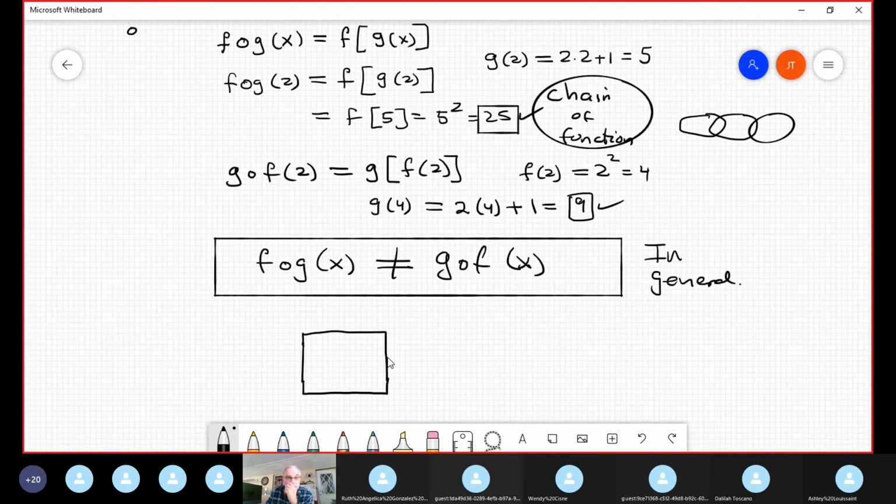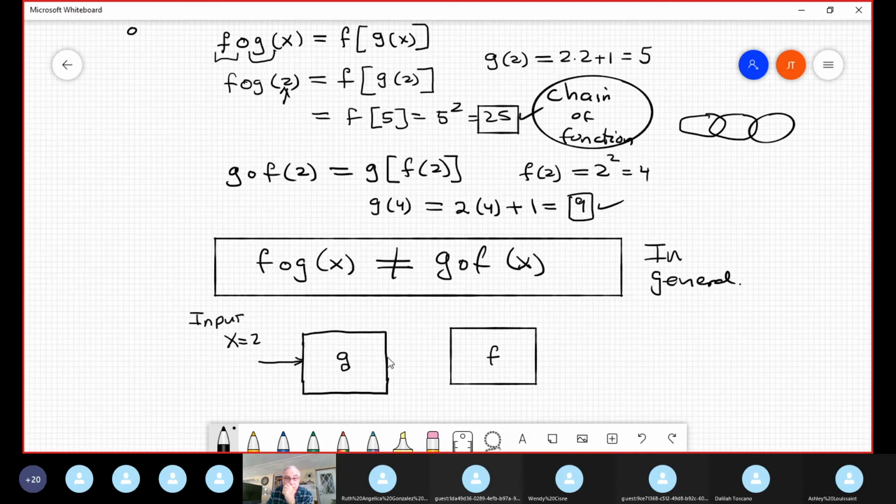Suppose in that order, the first function that you need to evaluate is g. This is the g function. And the second in the chain is f. I put two black boxes, in this order. And you plug in the value 2. x equal to 2 is our first input.